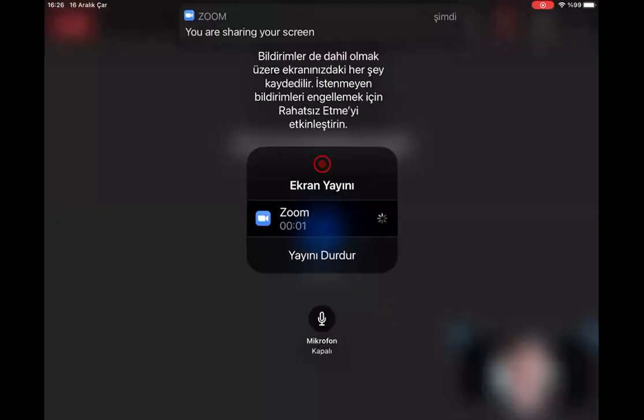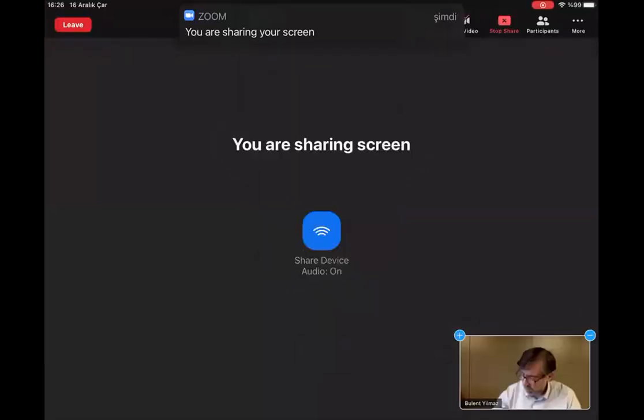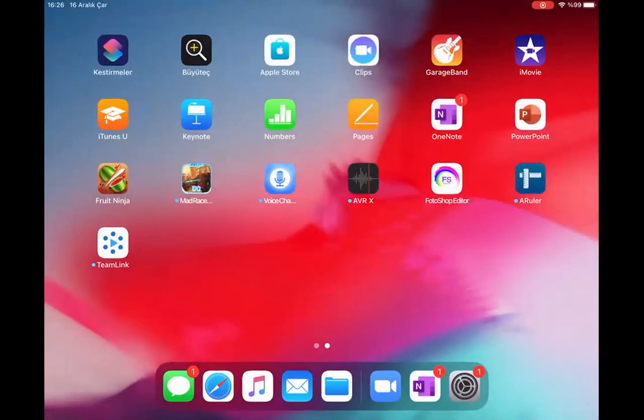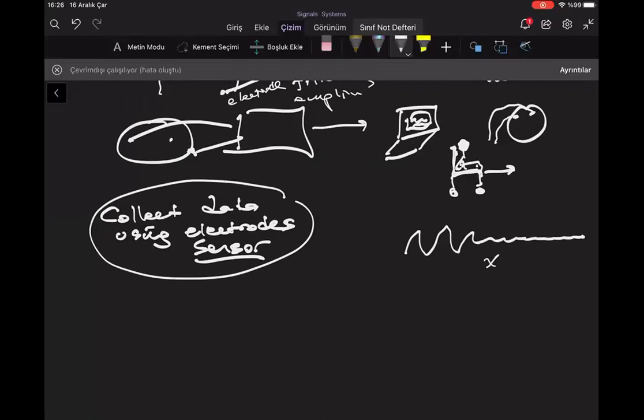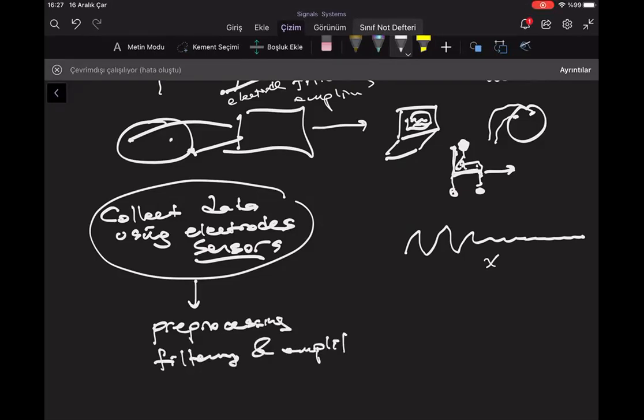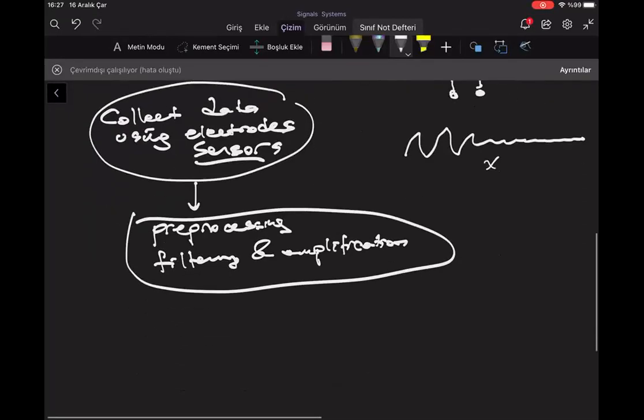What was I describing to you? We have the data coming from the sensors or electrodes. Now I will do some pre-processing, such as filtering and amplification. And then what is next?